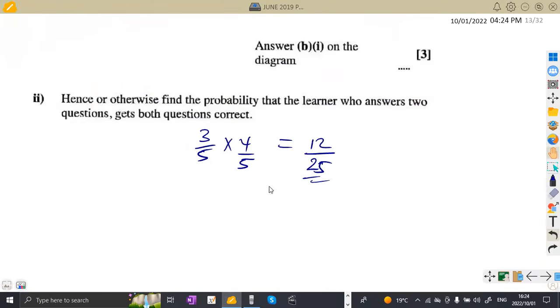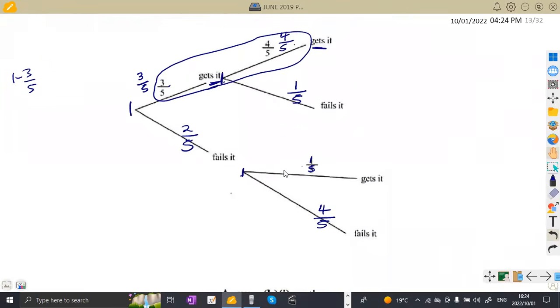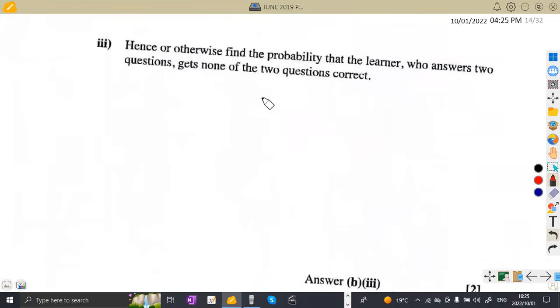The learner must fail the first one and also fail the second one. So it's 2 over 5 times 4 over 5. So that's it. You can multiply, and this will be 8 over 25. So that was the condition on this one.